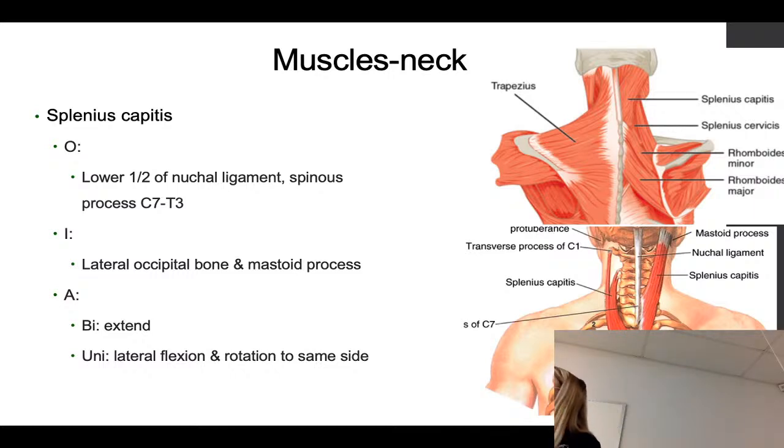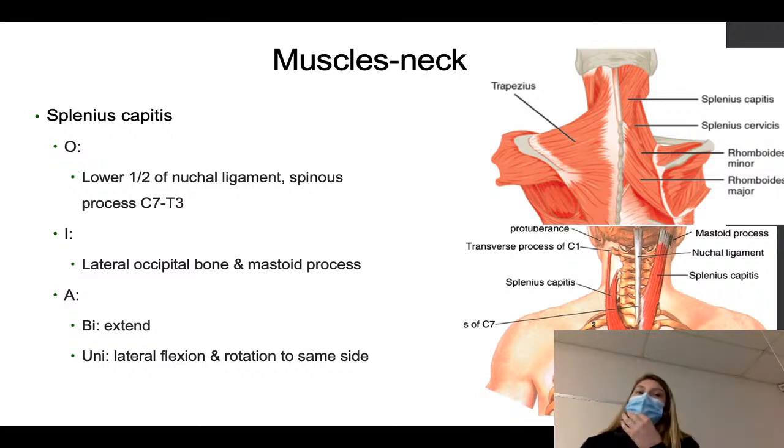We'll have it on our spinous processes, which we know are the tips. The insertion is going to be the lateral occipital bone, which we know is the back of the head, and the mastoid process. So coming up from here, going on to that lateral occipital and that mastoid process.